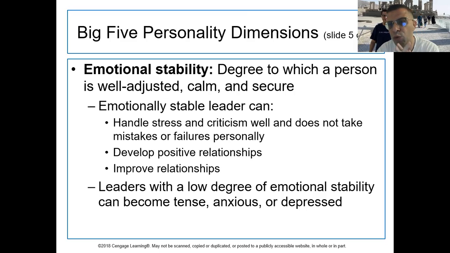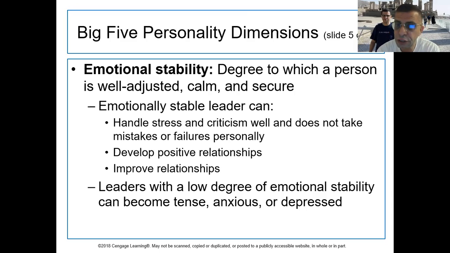Then you have the emotional stability personality, which is the degree to which a person is well adjusted, calm, and secure. Emotionally stable leaders can handle stress and criticism well and do not take mistakes or failure personally.